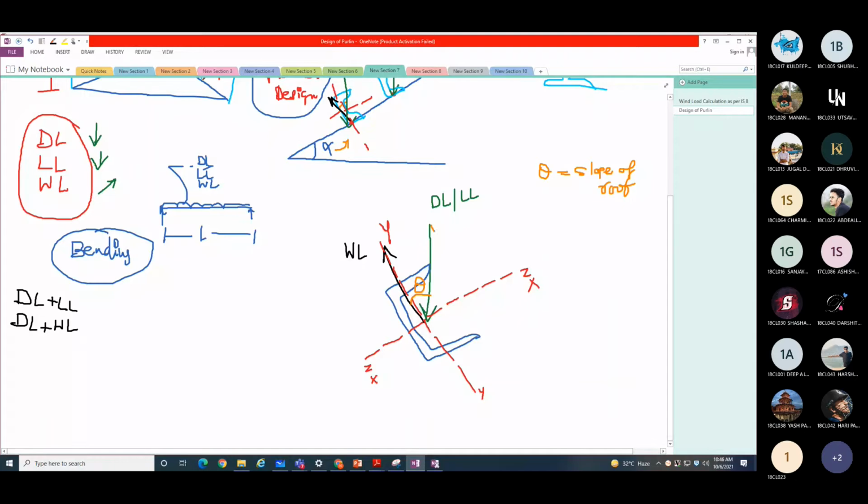It will be like this, and over here this will be like this. So what will be this angle? 90 minus theta.